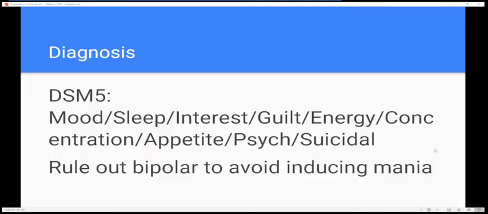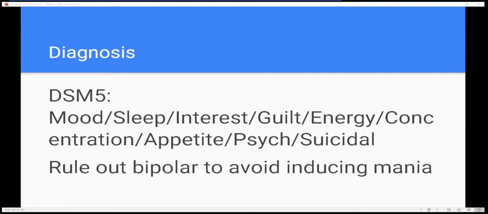First, you have the diagnosis of depression, which uses the DSM-5 criteria, which as pharmacists we don't really care too much about, but it's good to know where you can go to look it up if you need to know more about it. So look at mood, sleep, the interest of doing stuff, guilt, how much energy they have, can they concentrate, what's their appetite like, how's their psyche doing, are they suicidal or not.